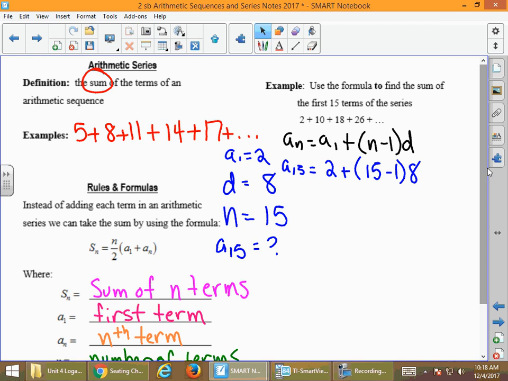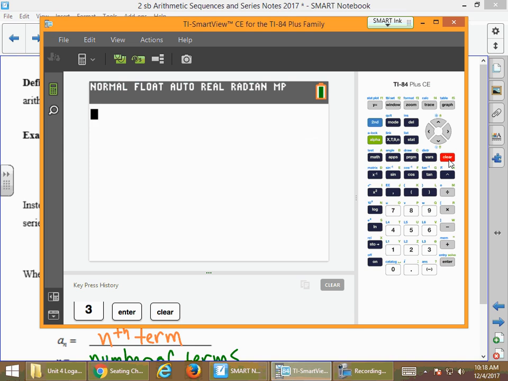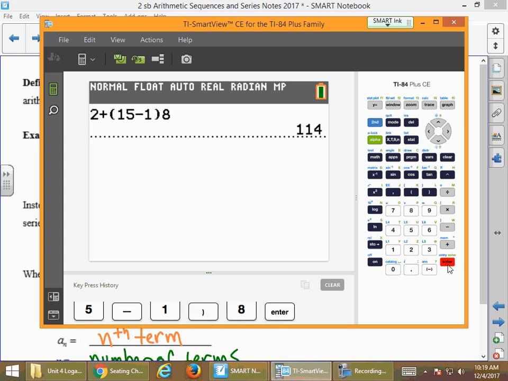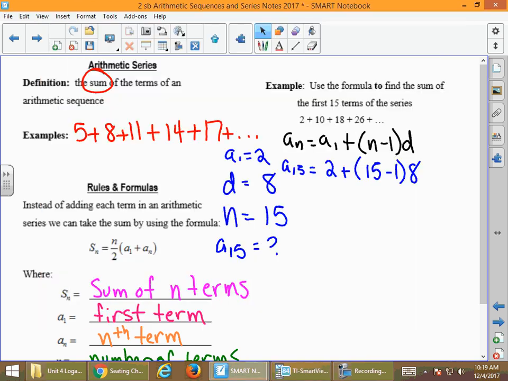And like I said, we can type it in our calculator: 2 plus, parentheses, 15 minus 1, parentheses, times 8. That gives us our value. So a sub 15 equals 114.